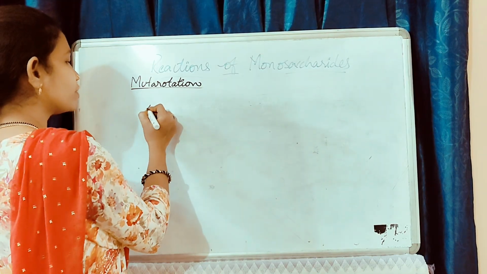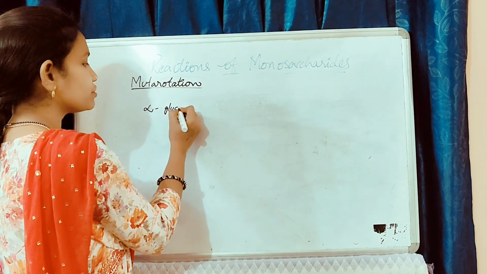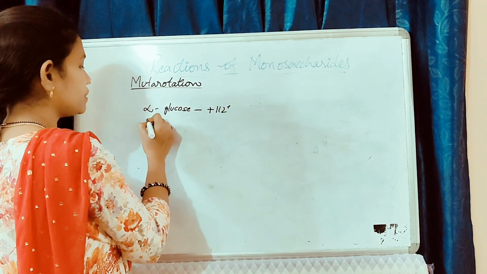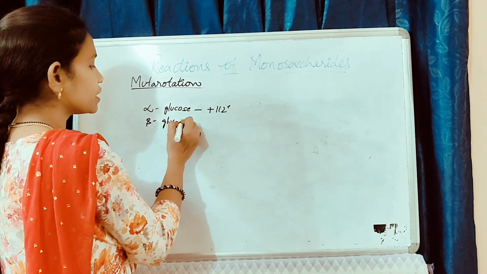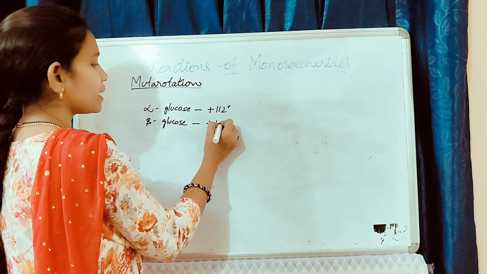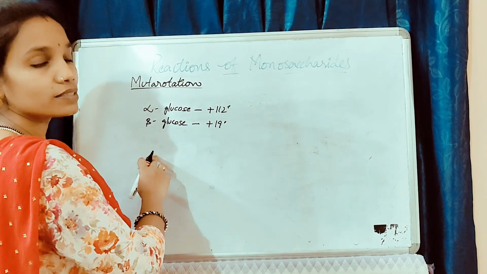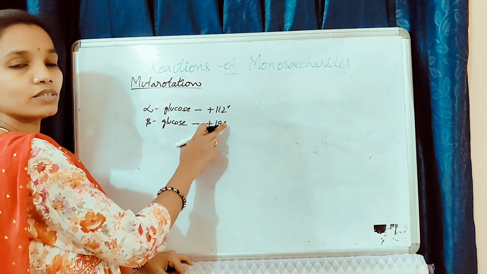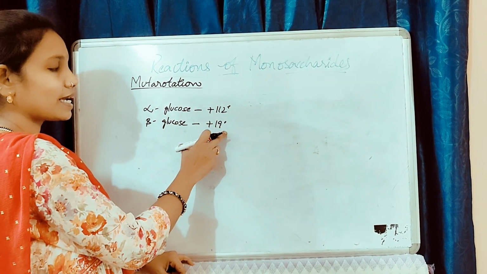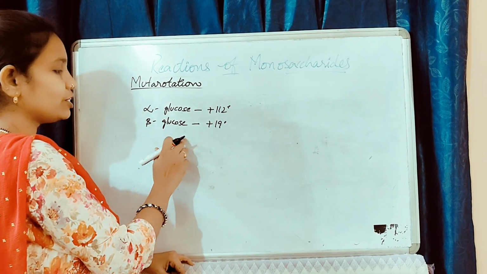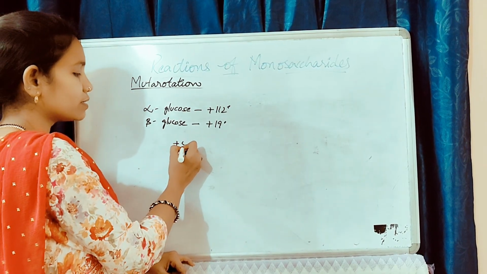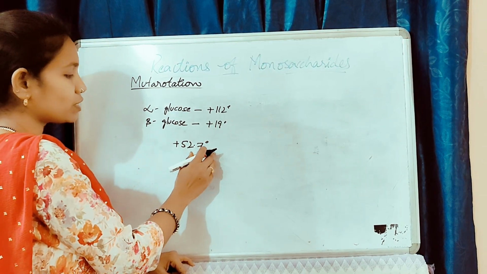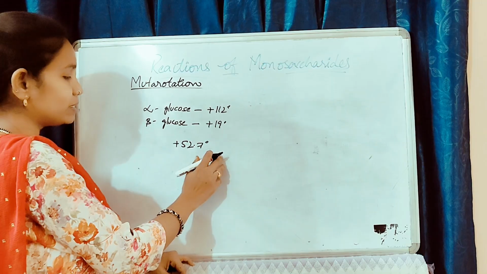Alpha glucose has a specific rotation of plus 112 degrees, and beta glucose has a specific rotation of plus 19 degrees. When these are dissolved in water, the rotation doesn't stay at plus 112 or plus 19 degrees. It gradually changes to plus 52.7 degrees. This is the equilibrium value.